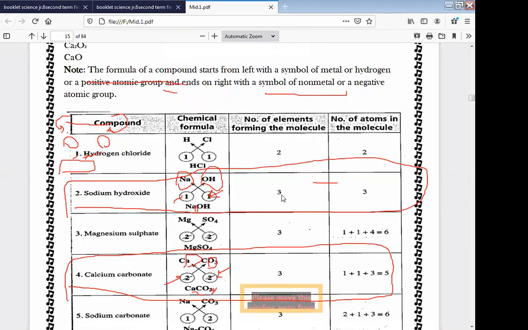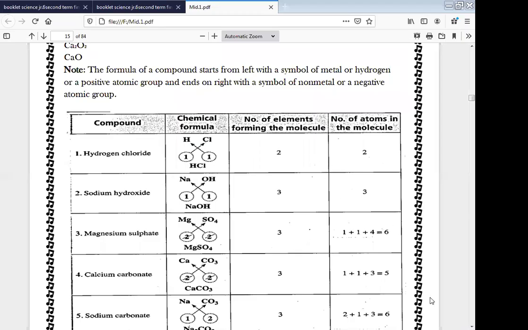Here, the number of elements in sodium hydroxide: sodium element 1, oxygen element 1, hydrogen element 1, so the total number of elements is 3. Number of atoms: 1 Na, 1 O, 1 H, total 3.